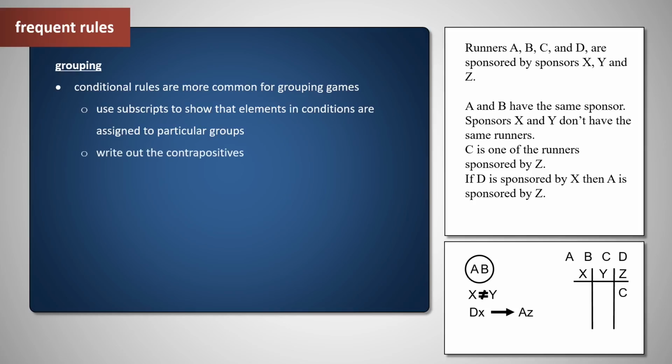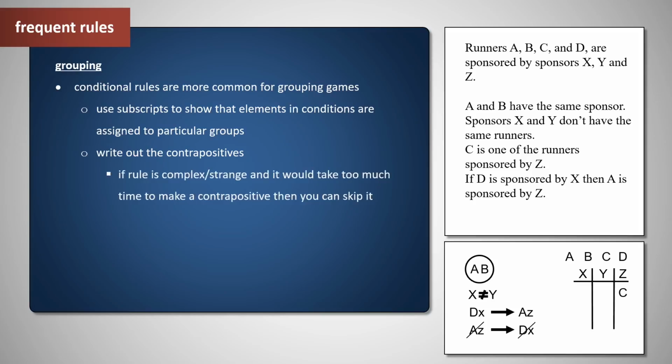You always also want to write out the contrapositives, because this is going to be very useful when you're going through the rules to see if the diagram that you're drawing for your specific answer choice is accurate. It's sometimes easier to see particular information if you have your contrapositive out there than just looking at the conditional as you've drawn.